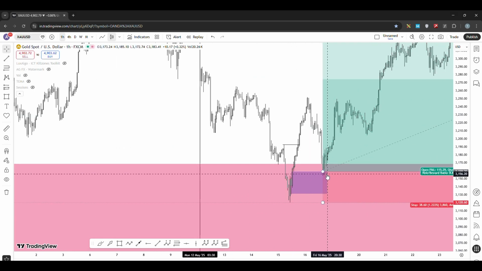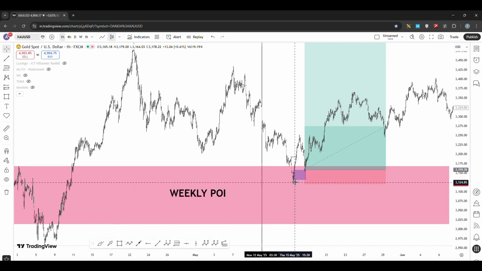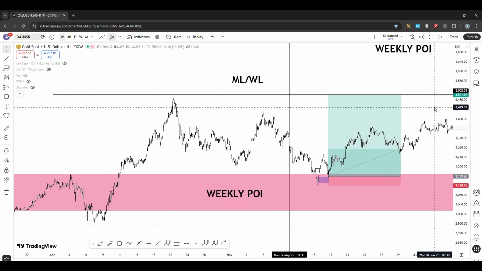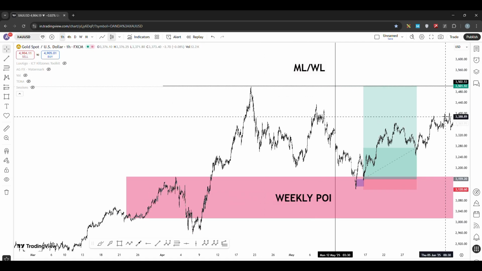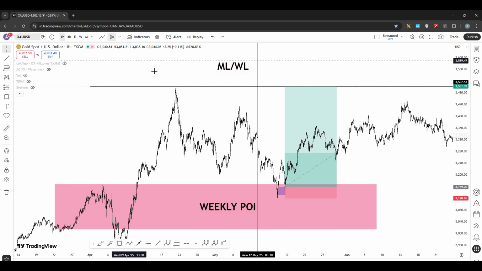This is where we put our buy limit and we put our stop loss below the low that market has created, and our target is going to be the weekly liquidity level. Okay, so I hope it is clear how to find your bias of the market, how to execute your trade.